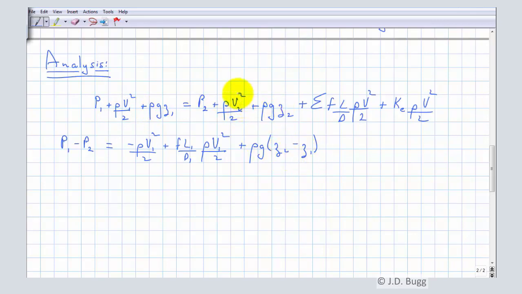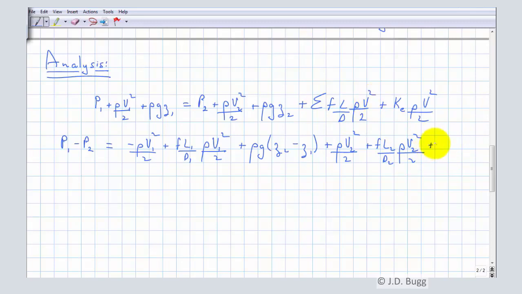So I still have this kinetic energy, so that's plus rho V2 squared over 2. Then I've got to remember the frictional losses in the smaller pipe. So that's plus FL2 over D2, rho V2 squared over 2. So that's the frictional loss in the small pipe.